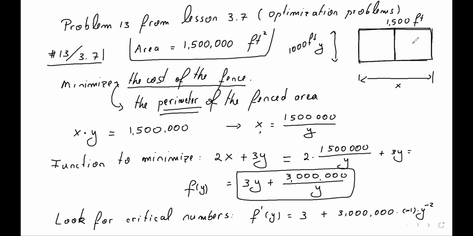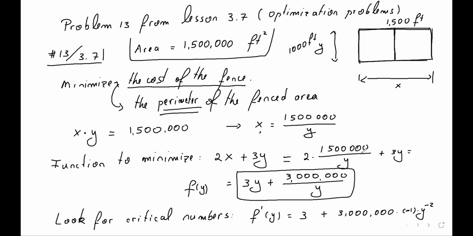This is the situation for the area here. That being said, we calculated something there, but how do we know that this is a minimum or a maximum? Because my function here was this one that you can see over here.